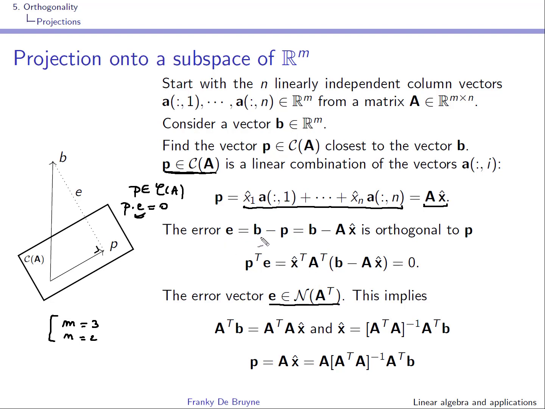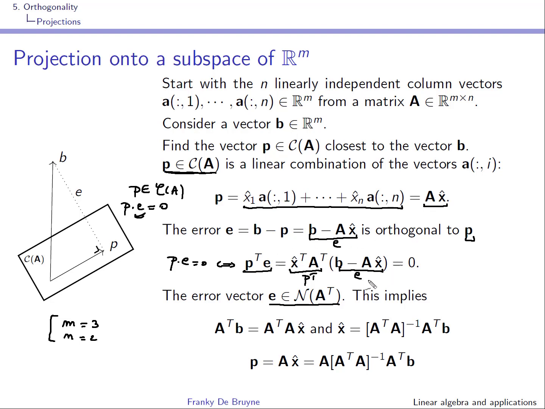E is B minus P. P we've just written as a linear combination of the columns of the matrix A, so we can write E like this. It's orthogonal to P, so the scalar product of P with E being equal to 0 is the same thing as this thing over here being equal to 0. So this is P transpose, you know the property of the transpose by now, and this is E.